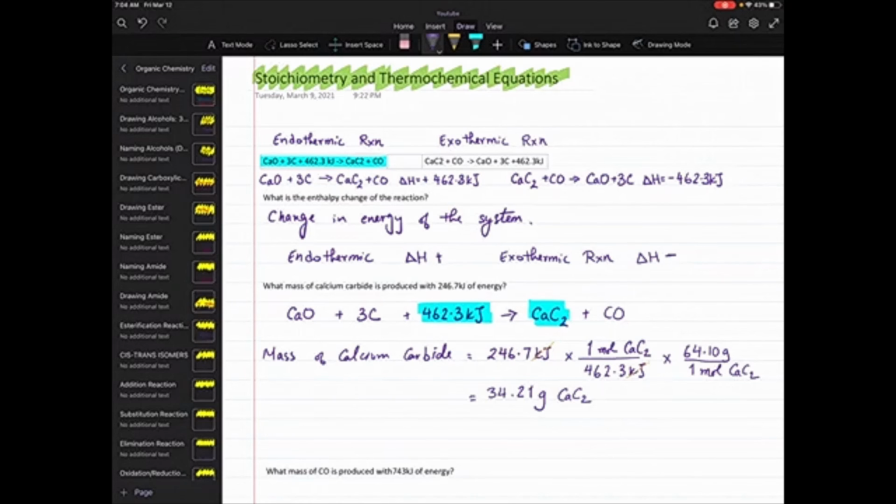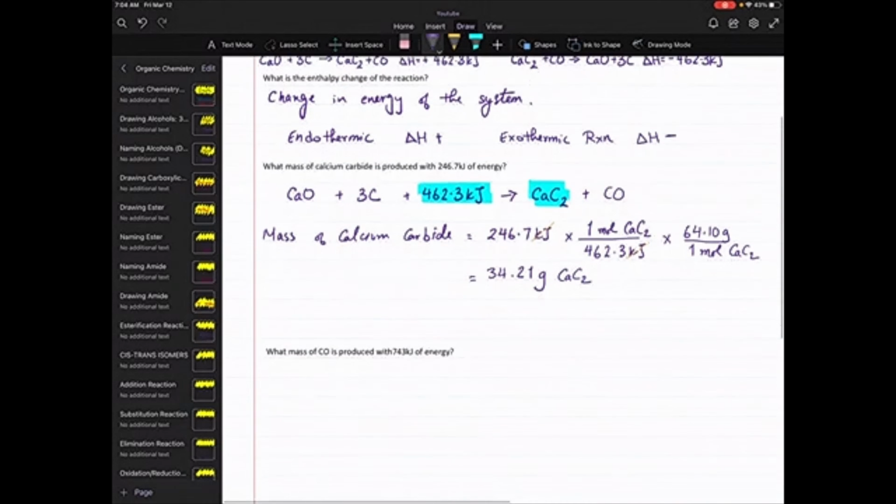I have another example here at the bottom for you, which is calculating the mass of carbon monoxide. So when we have 743 kilojoules of energy, this question is going to be done almost the same way as the question we just did, and I'm going to again rewrite the equation for us at the bottom here.